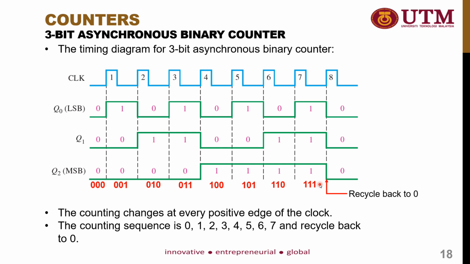After it reaches the value of 1 1 1 at the 7th clock pulse, at the next clock pulse it will recycle back to 0. Okay, so it will become 0 0 0 again.